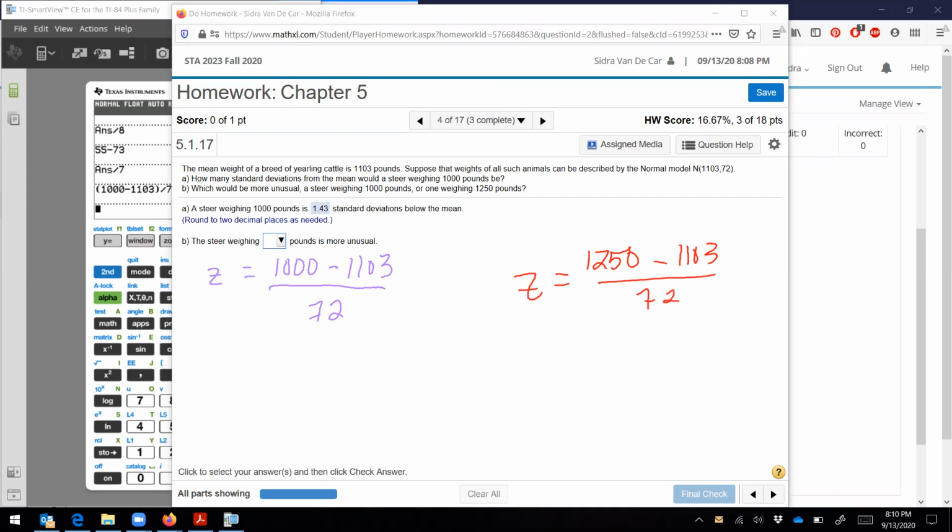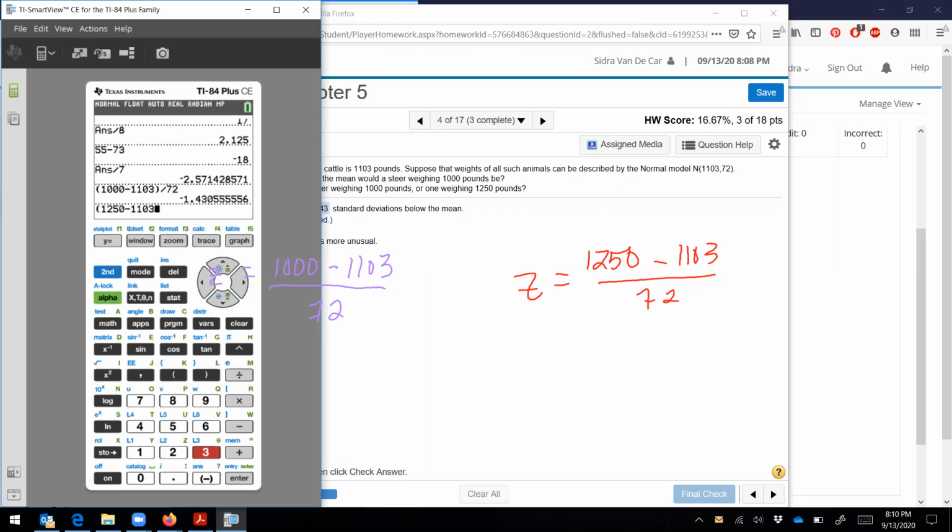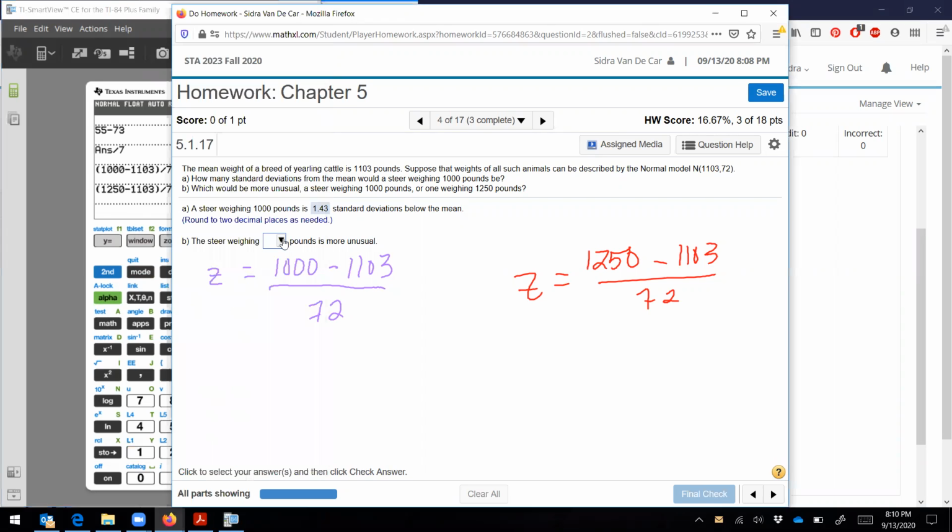So let's go to our calculator: 1,250 minus 1103 and divide by 72. And we get 2.04. So the one weighing 1,250 is more unusual because it has a higher z-score than the 1.43.